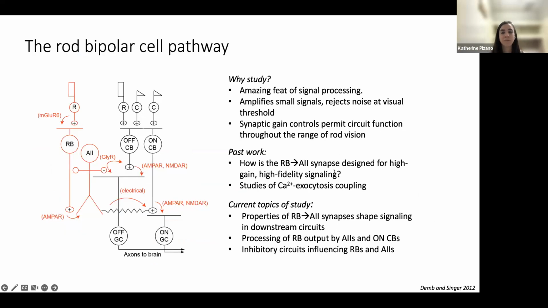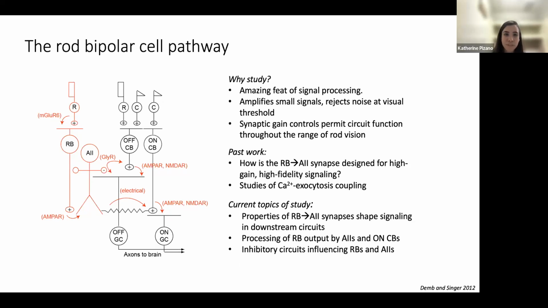Now, evolutionarily, we know that rods are newer than cones. In many animals, apart from mammals, rods and cones actually signal to the same bipolar cell types. However, in mammals, including humans, the majority of rods synapse to a specific type of bipolar cell that doesn't contact ganglion cells directly.